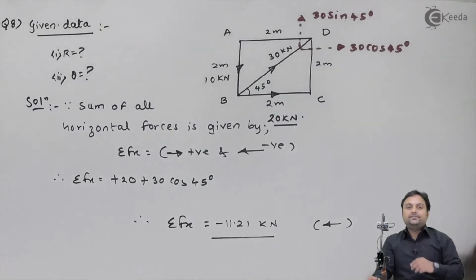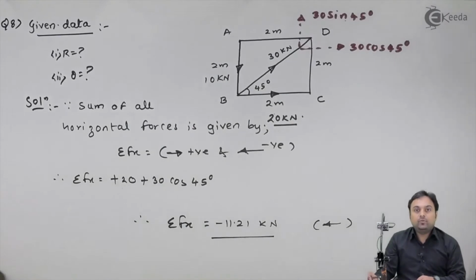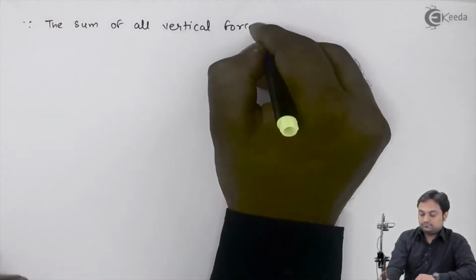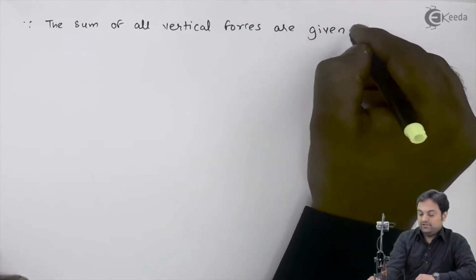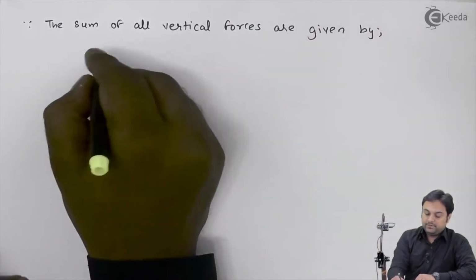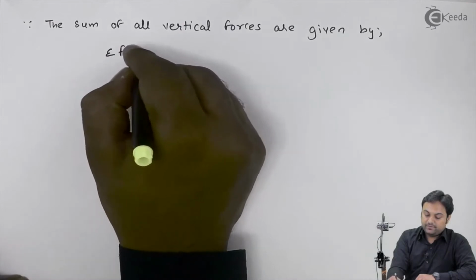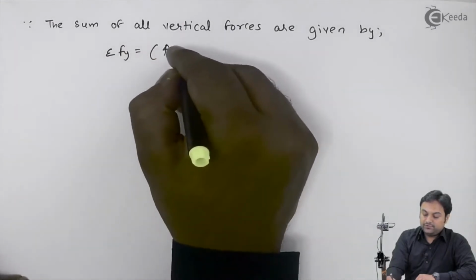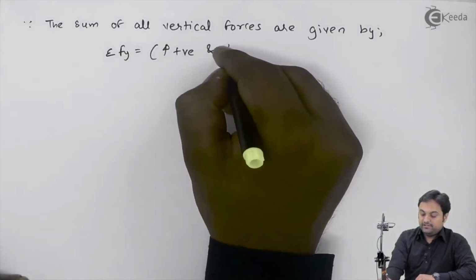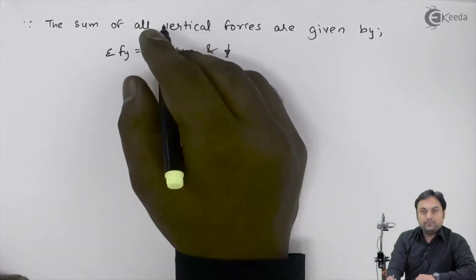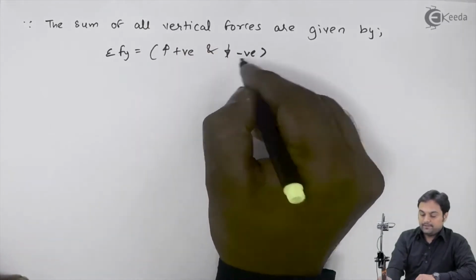Now in the same manner we would be calculating the sum of all vertical forces. The sum of all vertical forces is given by summation Fy, with upward forces taken as positive and downward forces negative.